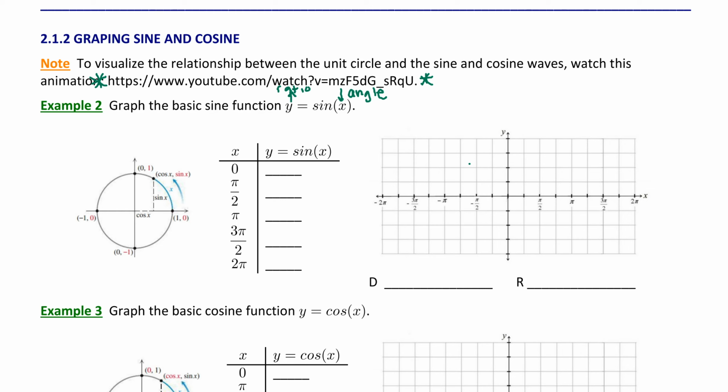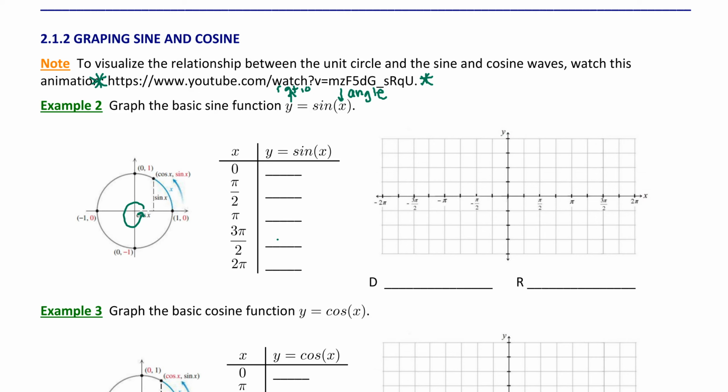So I want you to distinguish between the input and the output. On the x-axis, we're going to take the angle of the unit circle and stretch it out in linear form. And on the y-axis, we're going to represent the ratio, or the output of this sine function.